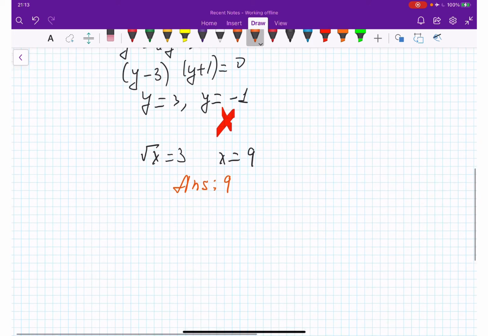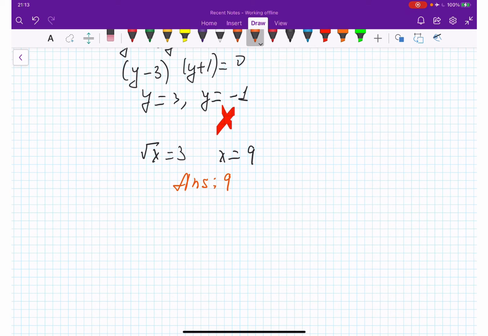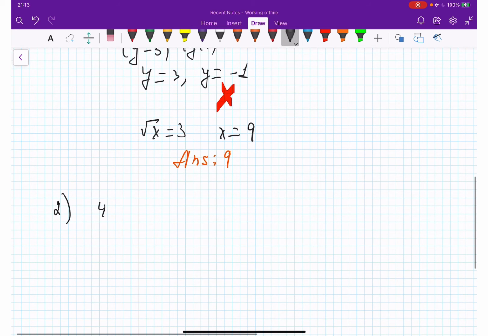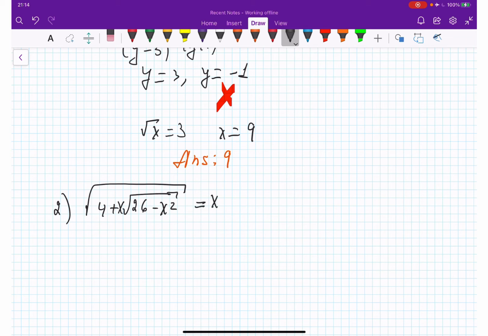Okay, next question we are going to solve is 4 plus x times square root of 26 minus x squared, and all this under another square root, and this is equal to x minus 2.